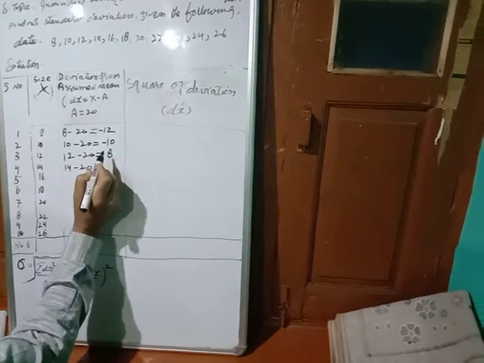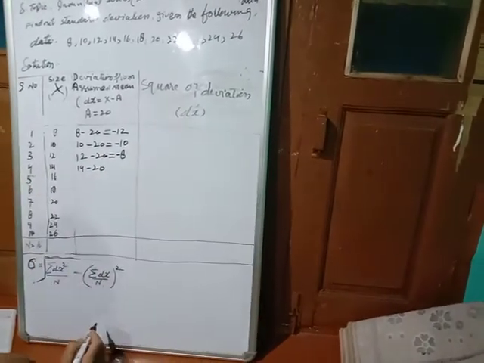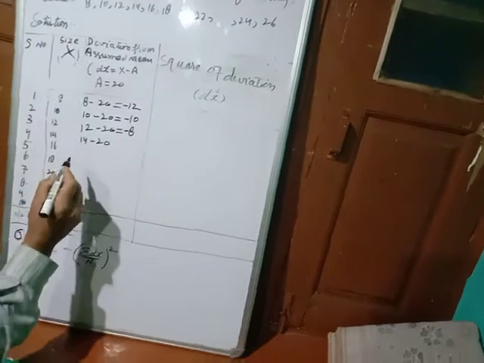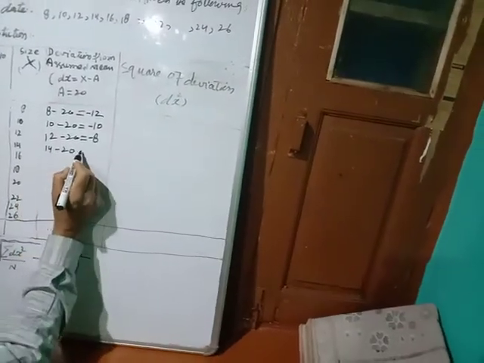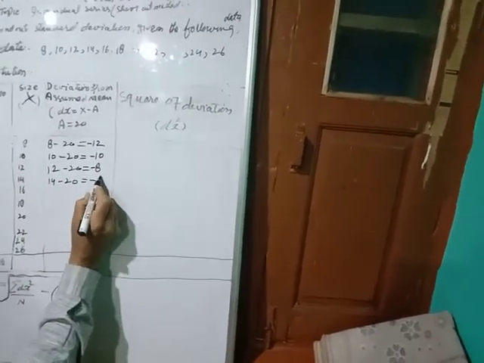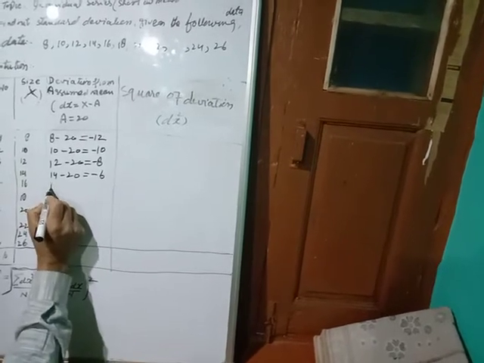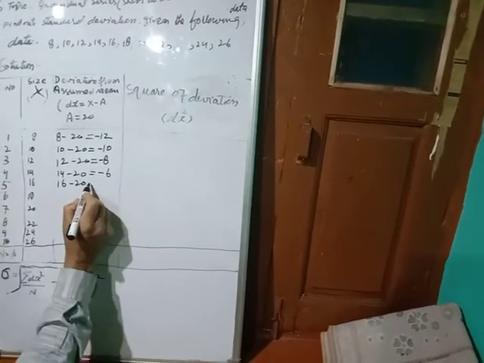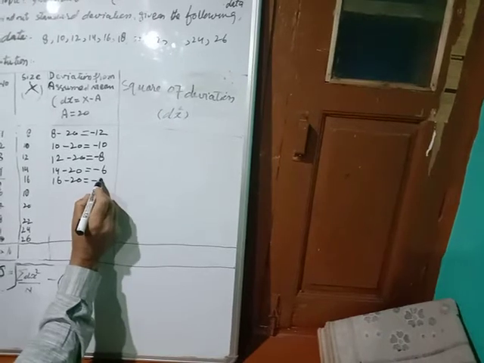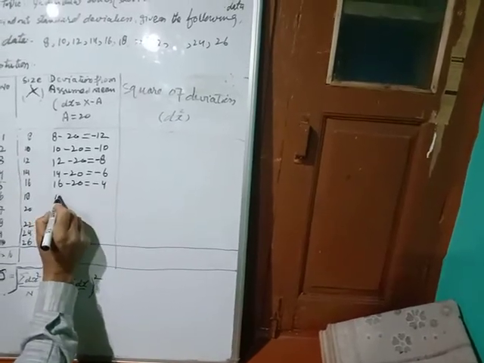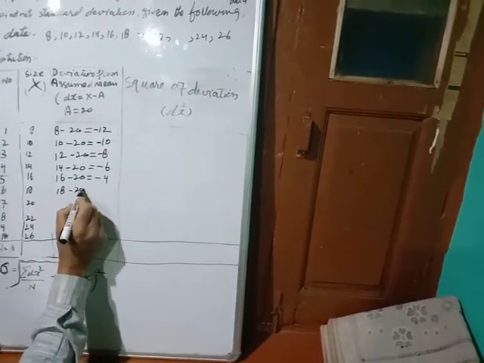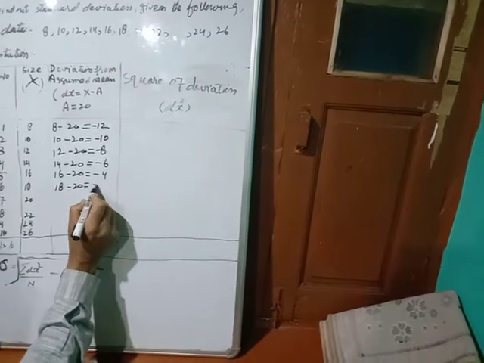Minus 12, minus 10, and minus 8. Then 14 minus 20 is equal to minus 6. 16 minus 20 is equal to minus 4. 18 minus 20 is equal to minus 2.